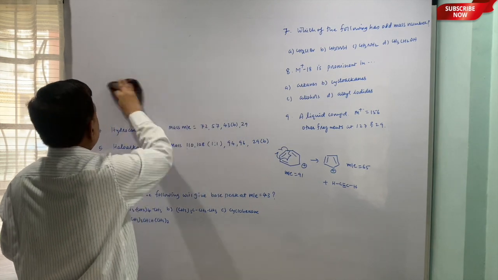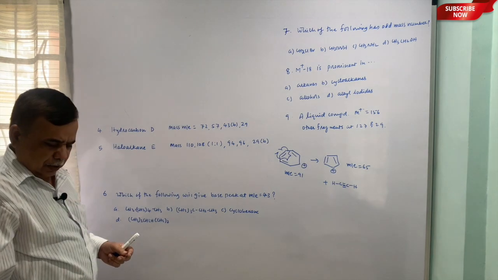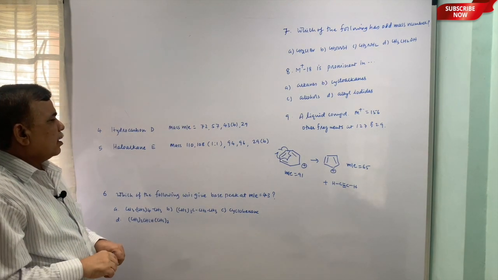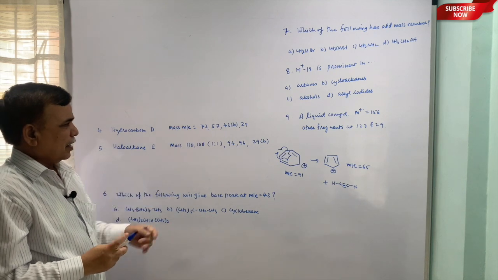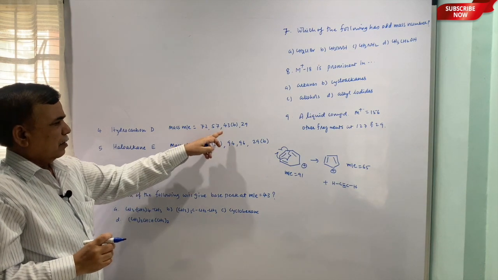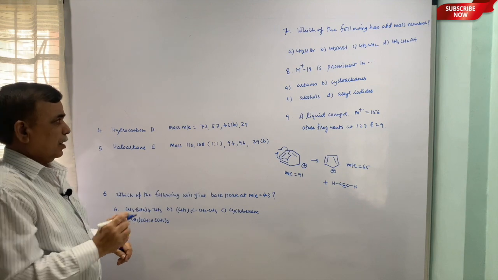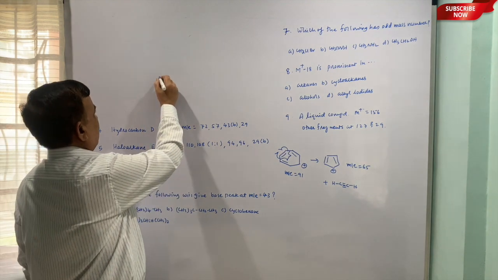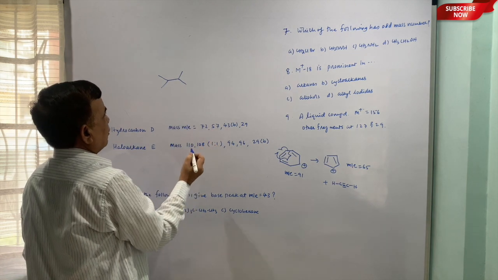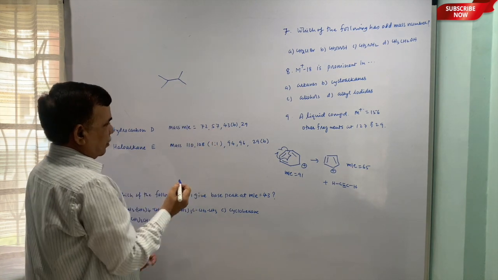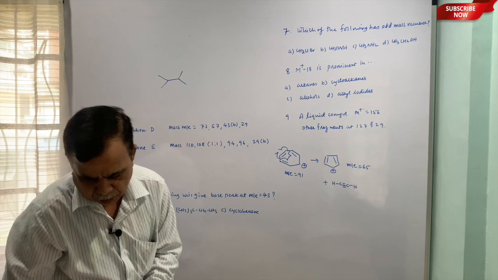Okay. Now, fourth one, hydrocarbon D. These are the fragments given, and more importantly 43 is the base peak fragment.